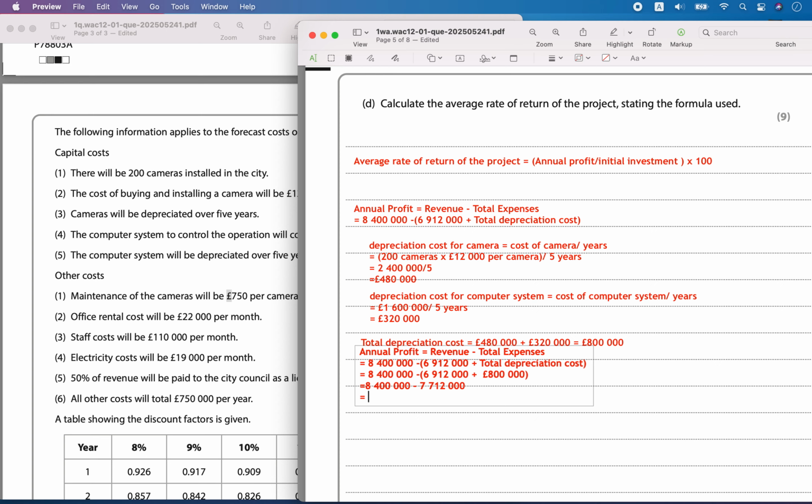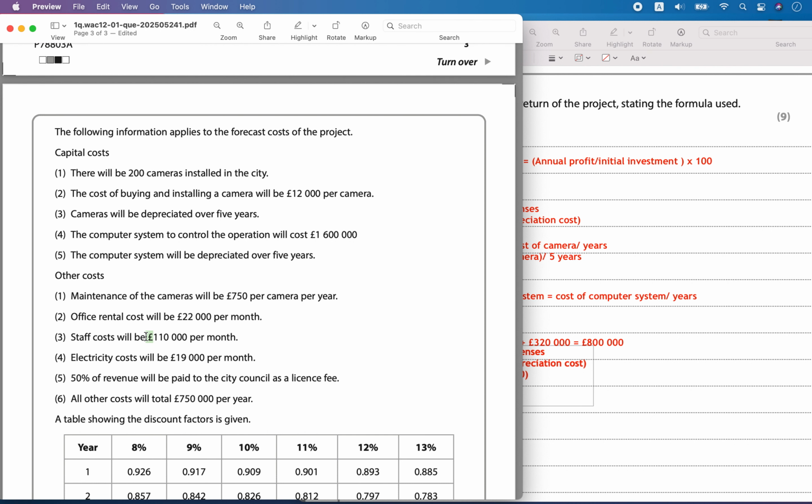So the annual profit is equal to 688,000 pounds.